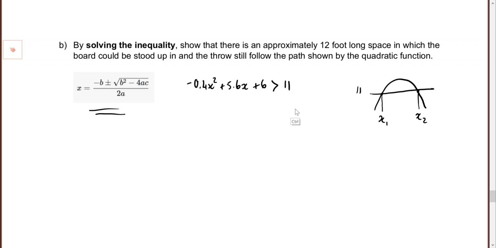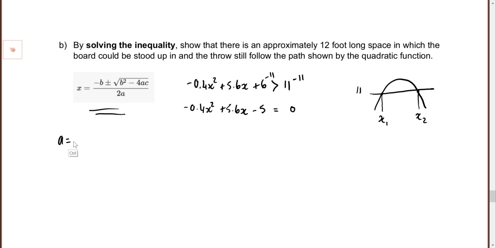So what do I do first? Minus 11. So we've got negative 0.4x squared plus 5.6x, we take the 11 away and we end up with minus 5. Well, let's just call it equals 0. Put it in the quadratic formula.